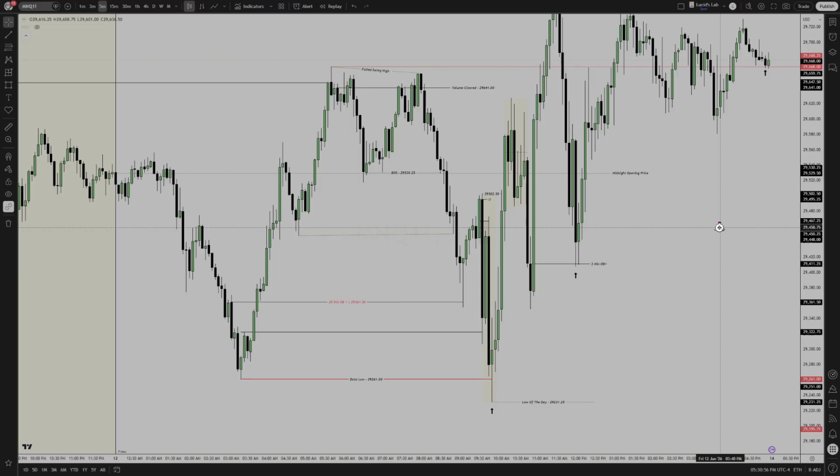So what I will do is go over the individual assessment of all three of the indexes that I primarily look at within the futures market, which is NQ, ES, and YM.